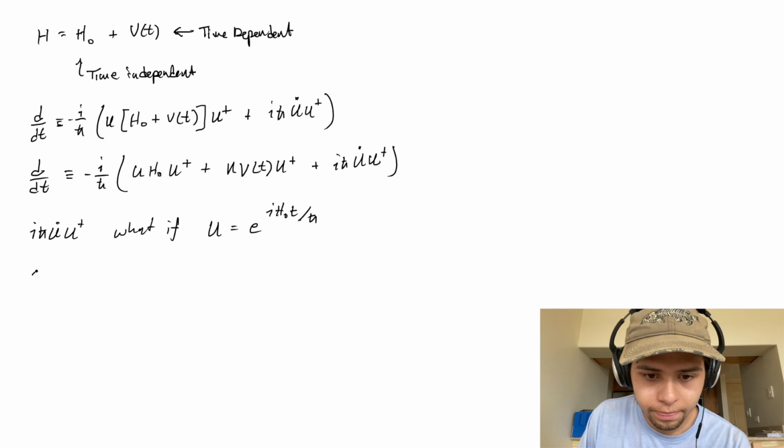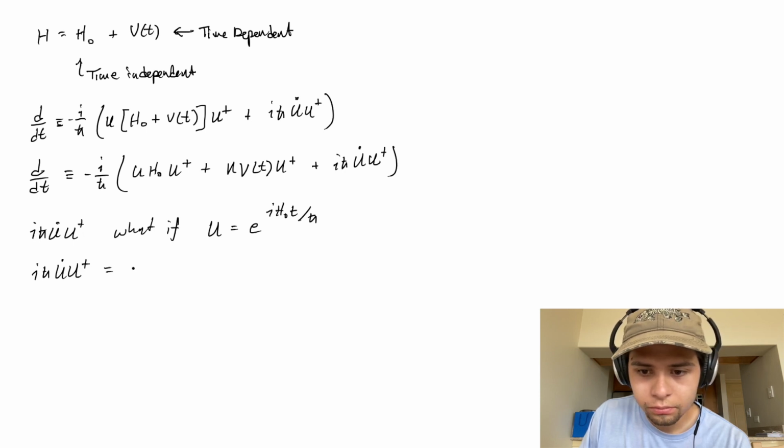So i h bar U dot U dagger is equal to i h bar, so that stays the same.